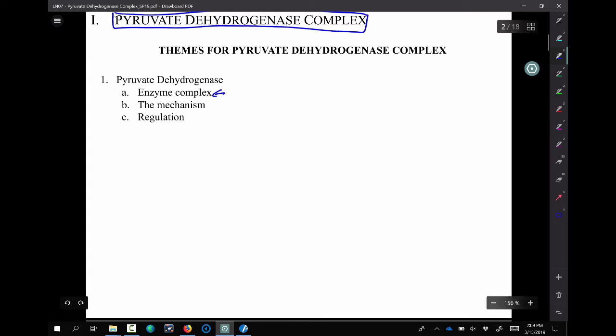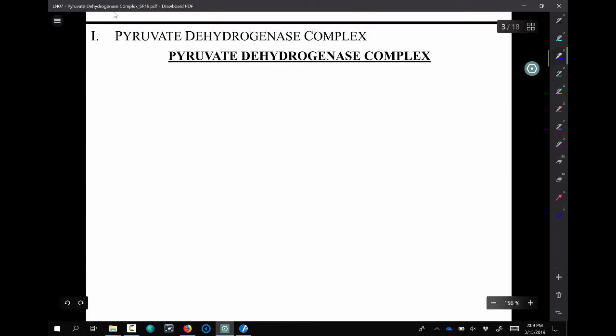After that, we'll consider the mechanism, and then finally the regulation. I'm going to move through this pretty quickly. I don't want to spend a ton of time on this, but I do want to give you some exposure to this, beyond just saying, and pyruvate becomes acetyl-CoA.